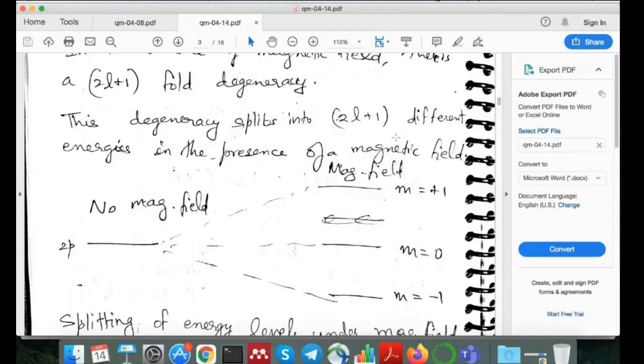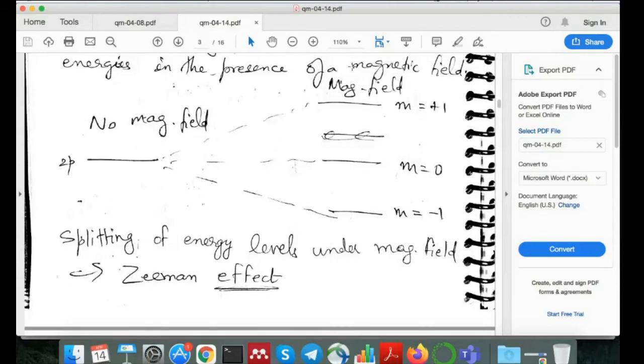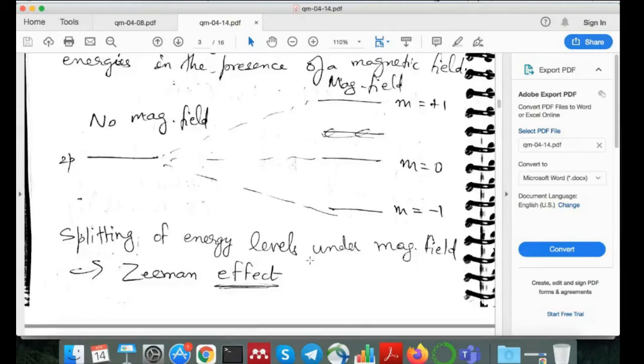But if there is a magnetic field, they split into three different energy levels. M equal to plus 1 will be at the highest level, then M equal to 0, and then M equal to minus 1. This splitting of energy levels in the presence of a magnetic field is known as the Zeeman effect. We'll talk about this again, but right now I'm just mentioning the name.